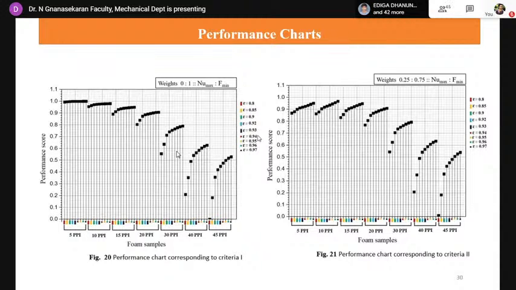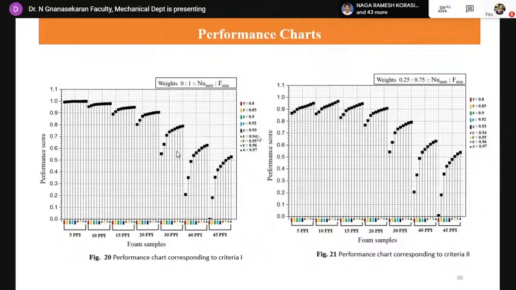That implies that you can consider 5 PPI for your work when the desirable parameter is only the friction factor. When you say no, I want to analyze in a different manner, I want to give a different weight. For example, if I consider 25% of the weight to the Nusselt number and 75% to the friction factor, you could see that now the solution or performance score is moving towards 10 PPI.